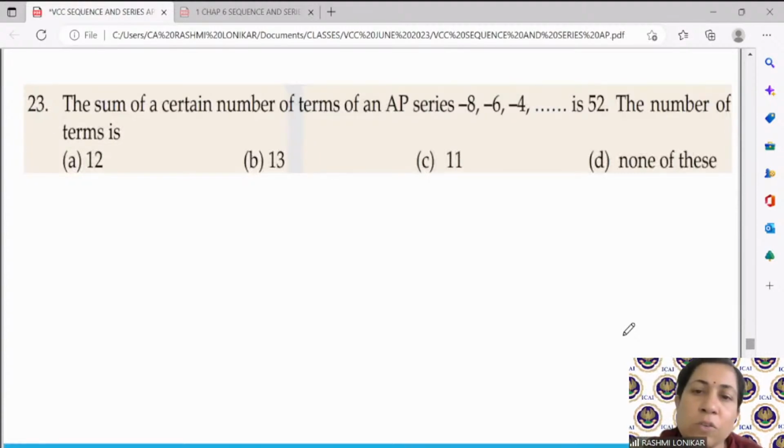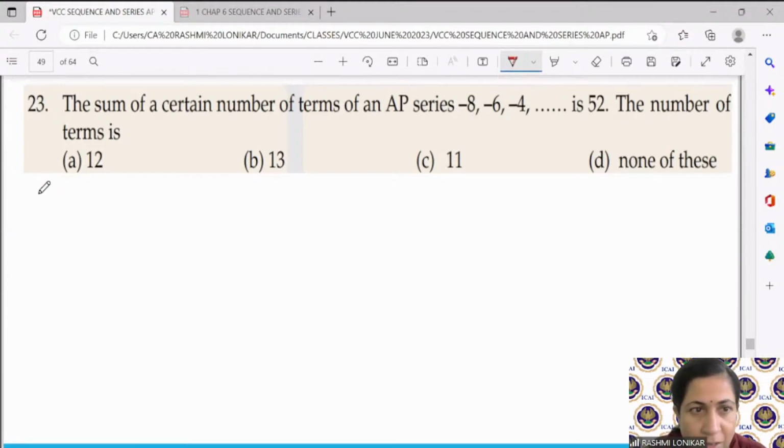Now here you can see it may seem like a decreasing series, but can you see what the common difference is? -8, -6, -4.